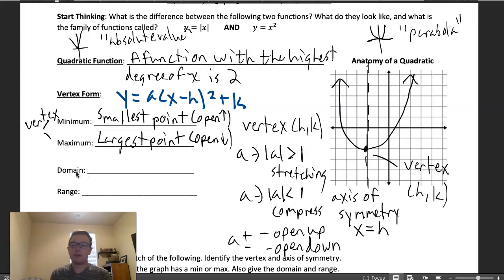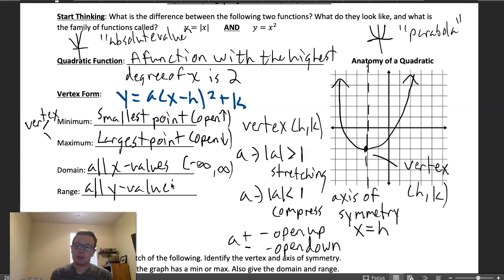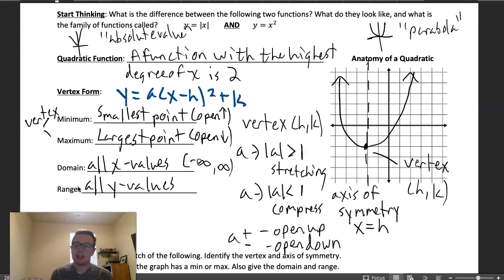Meanwhile, we're coming back to our old friends, domain and range. Domain is all the inputs or x values. For a parabola, or for a quadratic, the domain will always be negative infinity to positive infinity. The range, or the y values, will depend on whether it opens up or down.